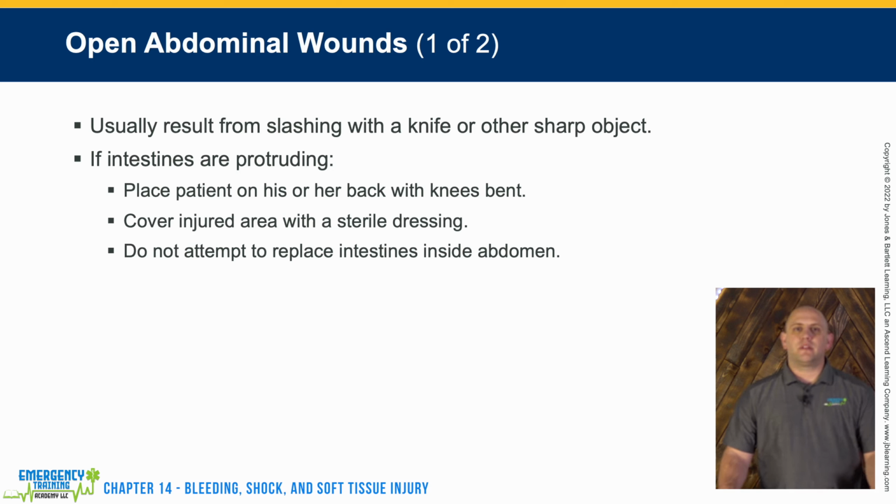If this happens and we have exposed intestines, we don't want to try and force them back in. What we want to do is we're going to create a position of comfort for them. We're going to cover the intestines with a sterile dressing that is lightly moistened to make sure that nothing is sticking.